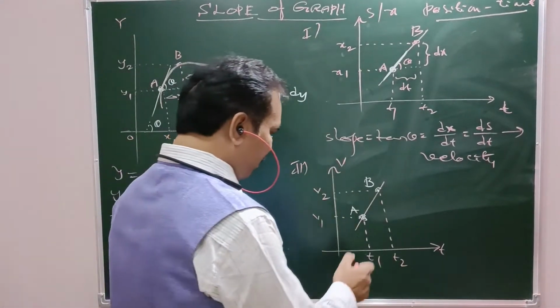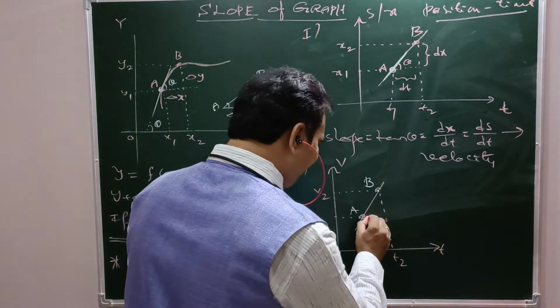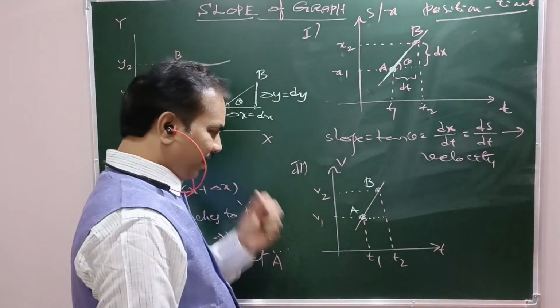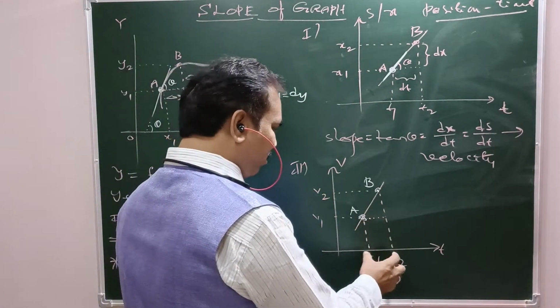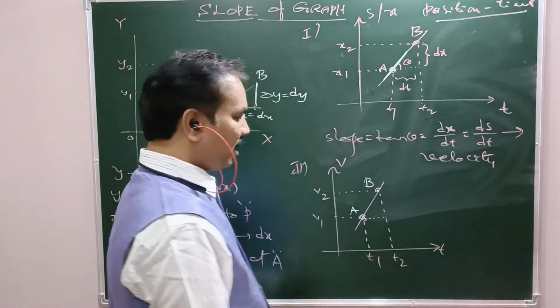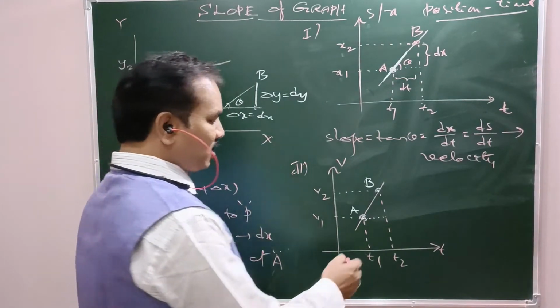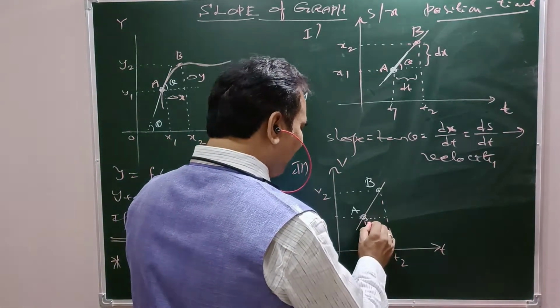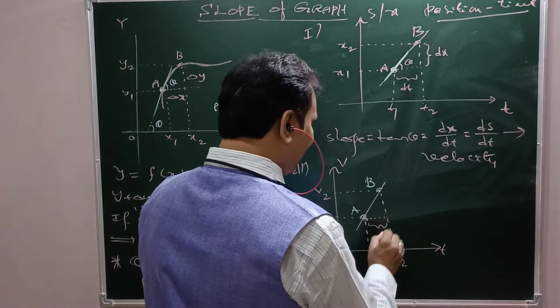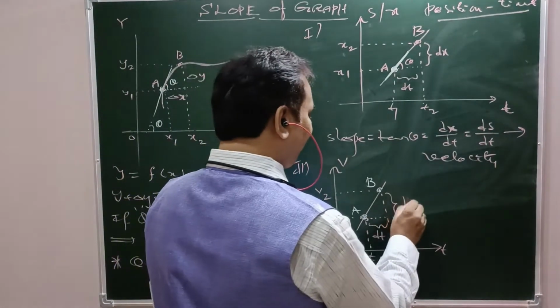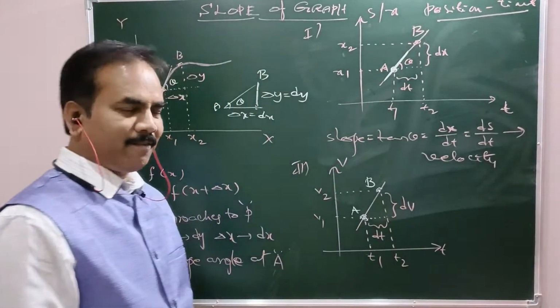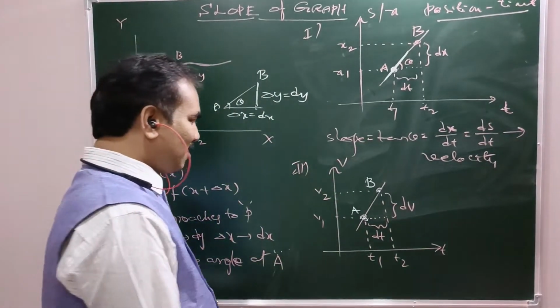Now if I take one more axis parallel to time axis at point A, this axis becomes parallel to the time axis or x axis. Now this is delta t or dt. This interval is v2 minus v1, that is delta v, otherwise dv.